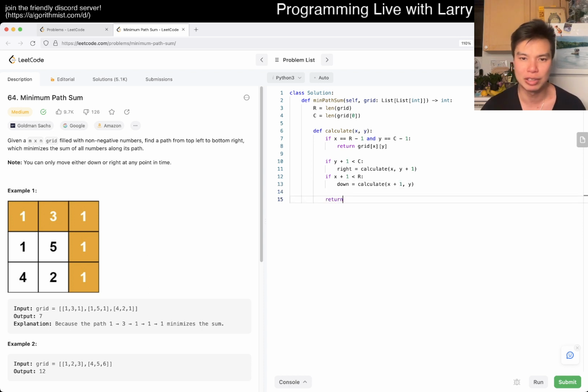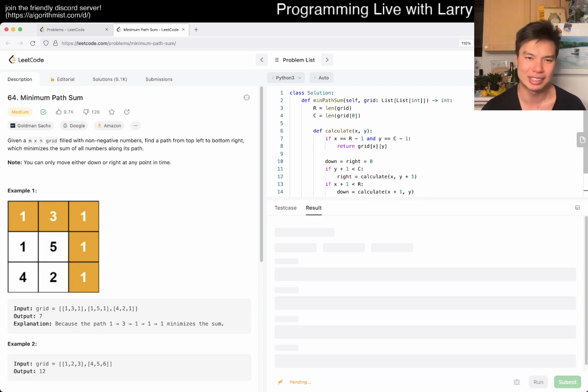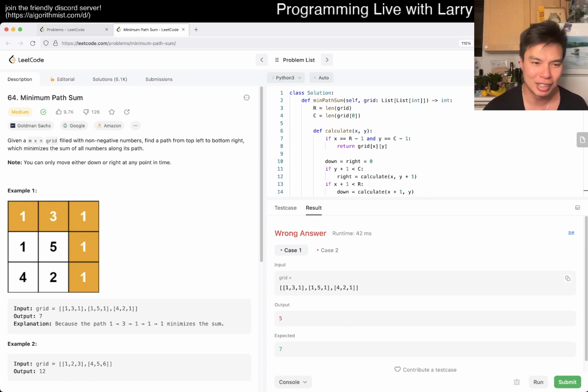And then you just return min of right and down, plus grid of x, y, right? Because that's just the cost of the current grid cell. This is not going to necessarily compile, but that's fine.